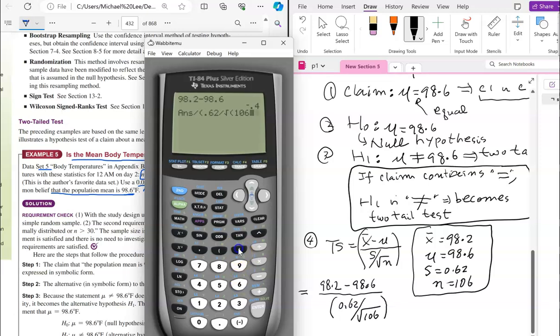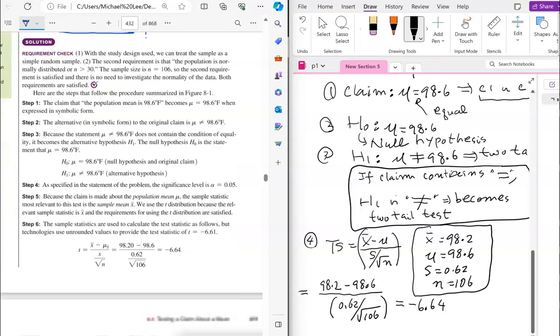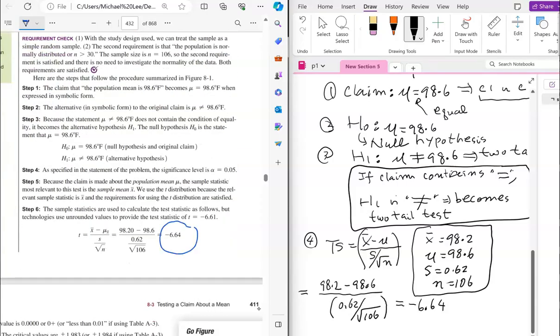Two parentheses, close. And then your test statistic is negative 6.64. If you look at it here, you get negative 6.64.